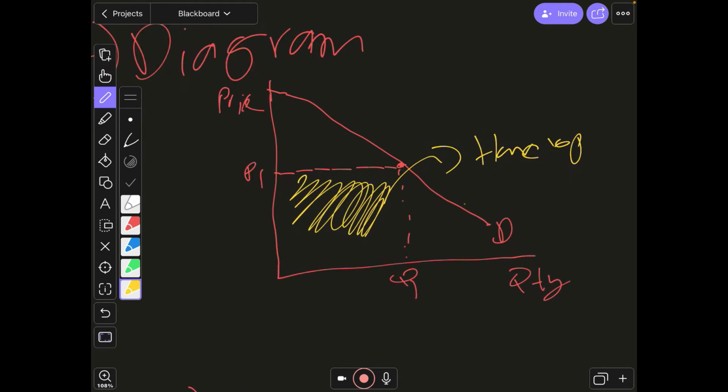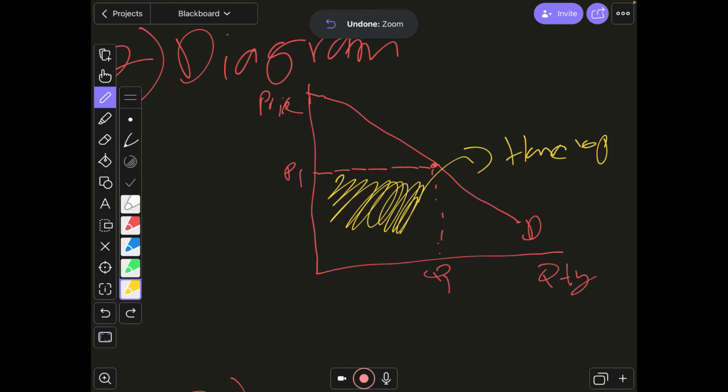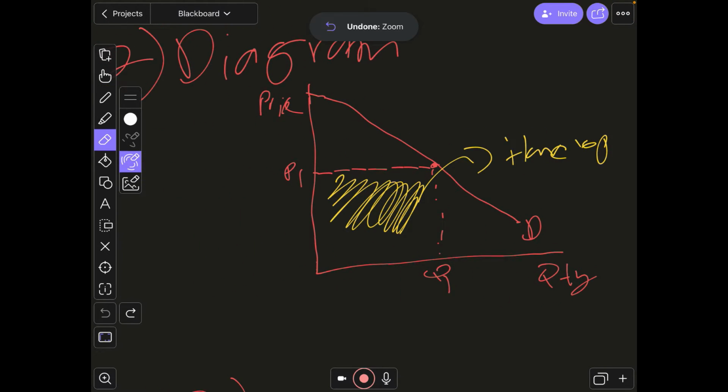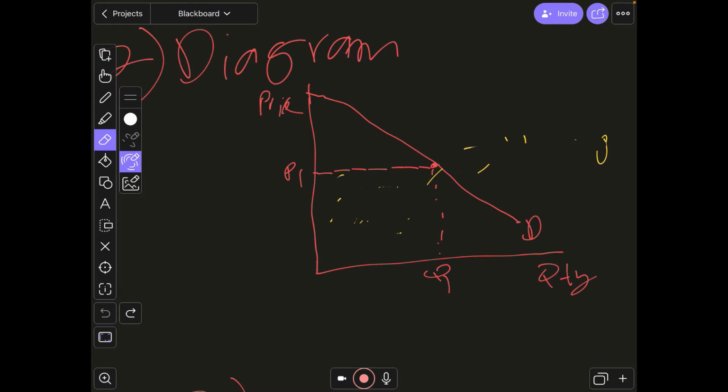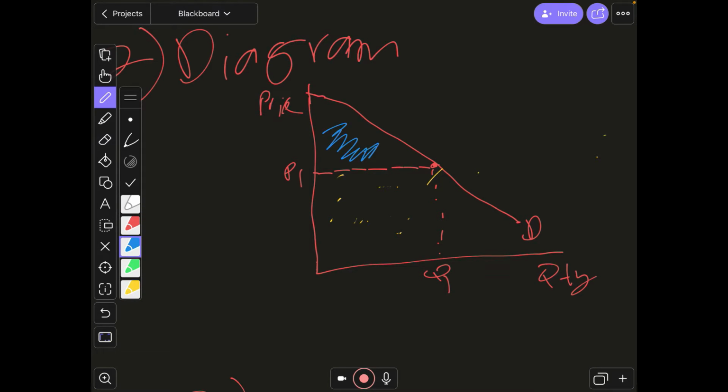And so the difference between the initial yellow area and the new yellow area is pretty simple, and it's this area. It's the area above the price line and below the demand curve. So it's this whole area.